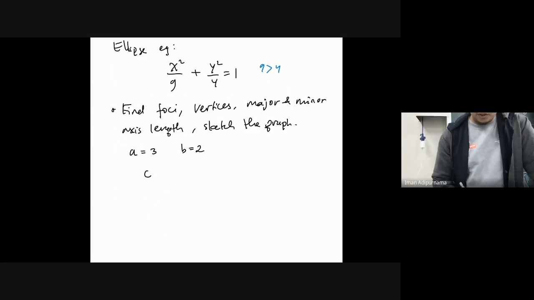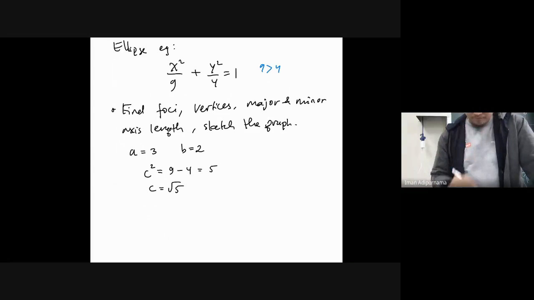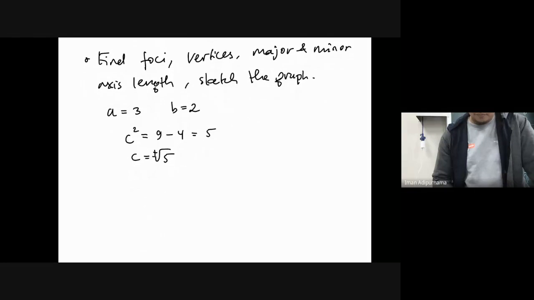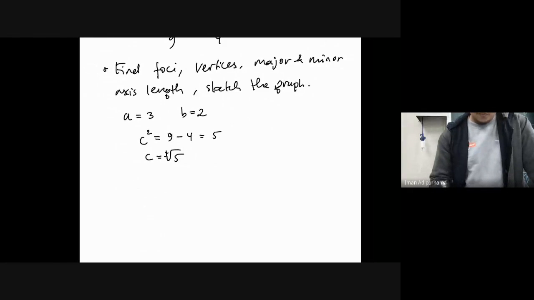So C squared is 9 minus 4, which is 5. So C is square root of 5, or plus or minus in this case. So the foci are plus or minus square root of 5.